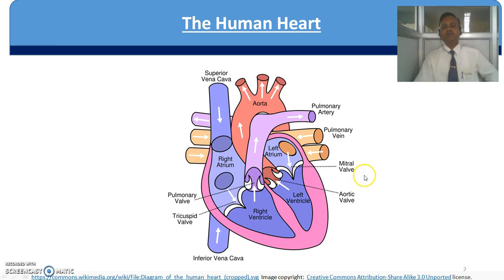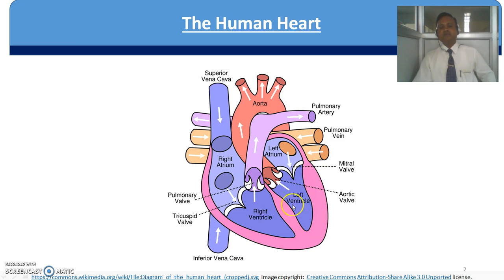Now, whatever purified blood is there, that purified blood is carried by pulmonary veins. There are 4 pulmonary veins, 2 coming from the lung on each side. So there are 2 on the left side, 2 on the right side. Now these pulmonary veins carry oxygenated or purified blood from the lungs, and then when the left atrium contracts, that blood is pushed into the left ventricle.